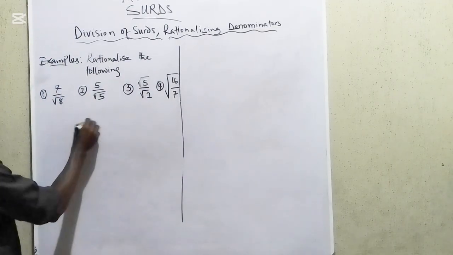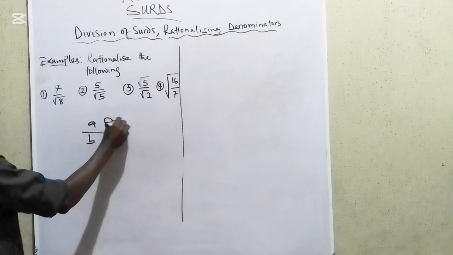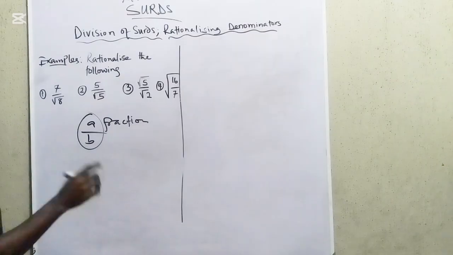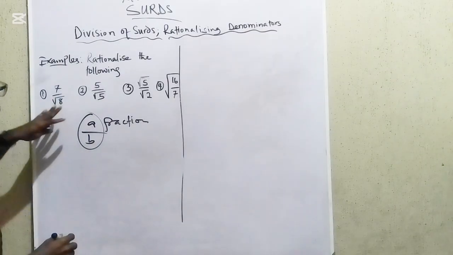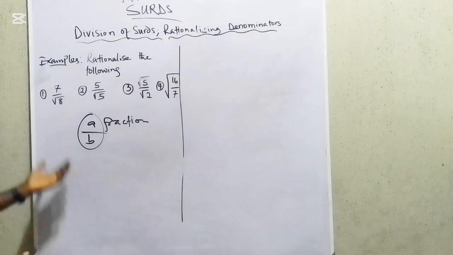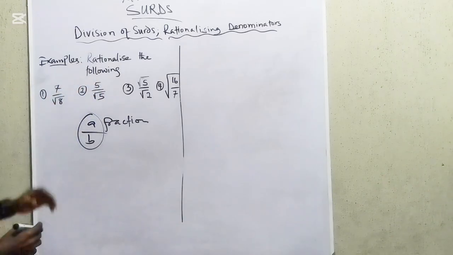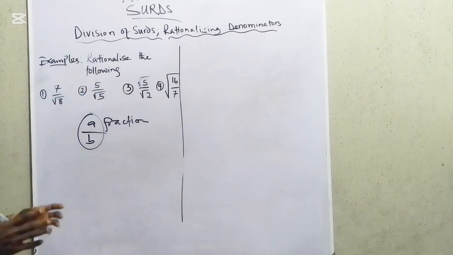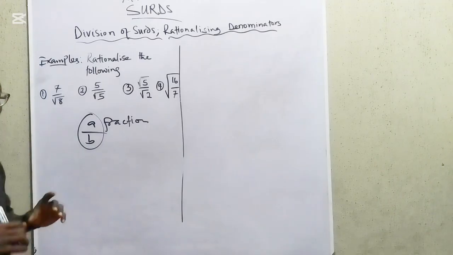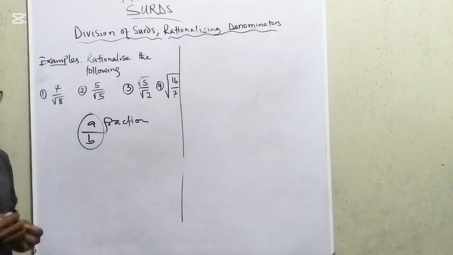Okay, let us put down fractions. Let's just put down this and then the other. Now, why do we rationalize denominators? We rationalize denominators in order to turn the denominator into a rational number.